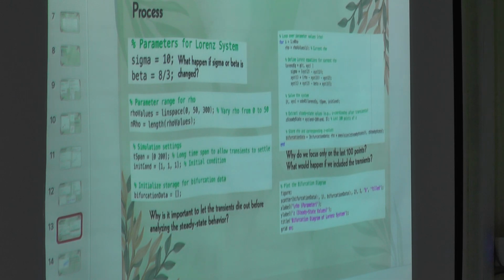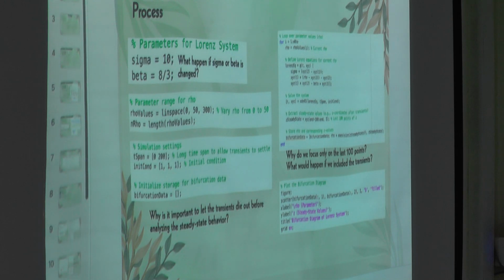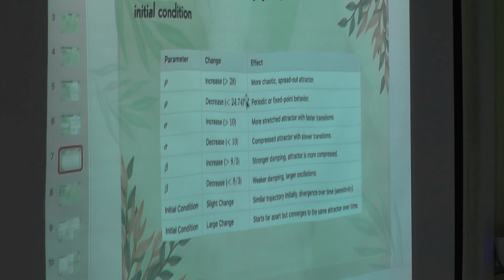Let's see the result. It will be the same result as previously. I think this one, right? Yeah, this one. So it will actually be the same result.